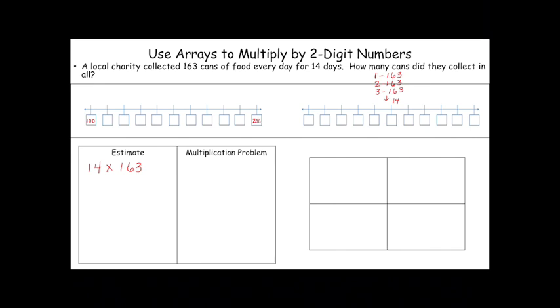100 and 200, 110, 120, 130, 140, 150, 160, 170, 180, 190, and 163 would be about right here. And so as you can see, I am closer to 200 than I am to going all the way back down here to 100. So this would round to 200.